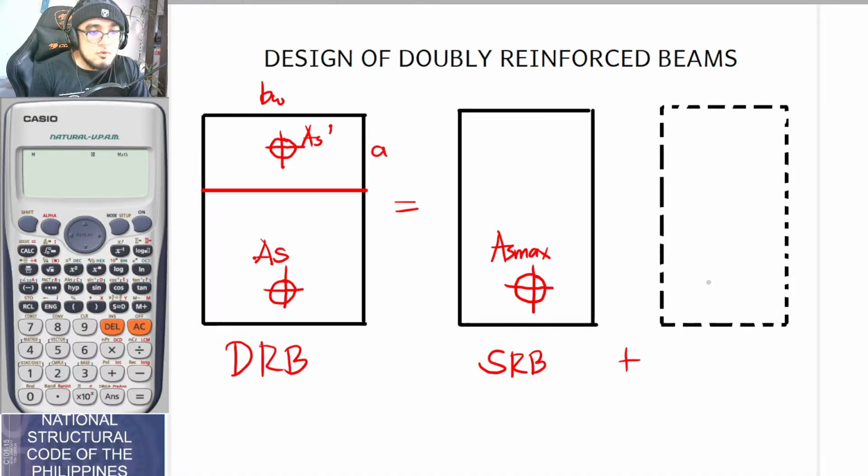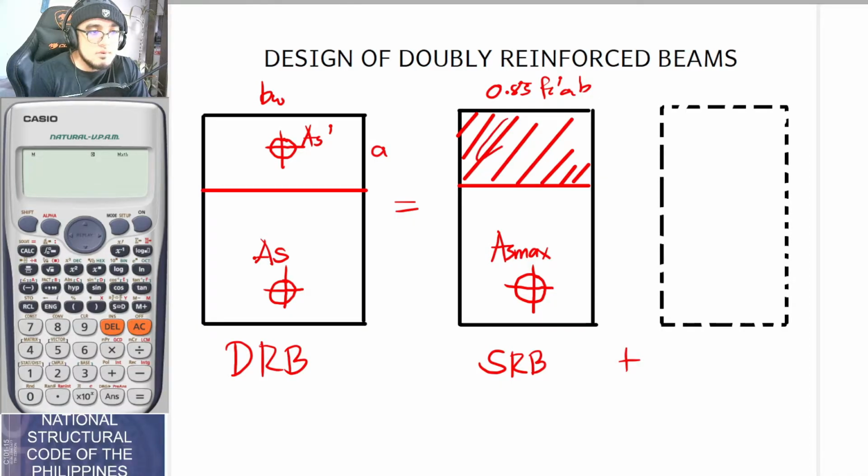And well, in this case guys, by the way, you still have your compressive area here. So this is now to be your compressive area. So if you can remember, which you should, this is to be your 0.85 f'c ab and so on. And since we are lacking, let's say As, we need to have an additional As.